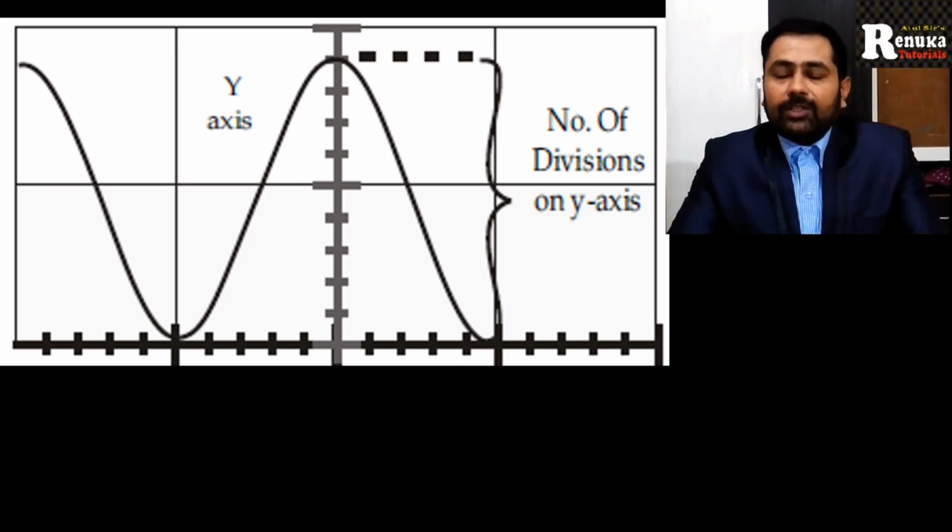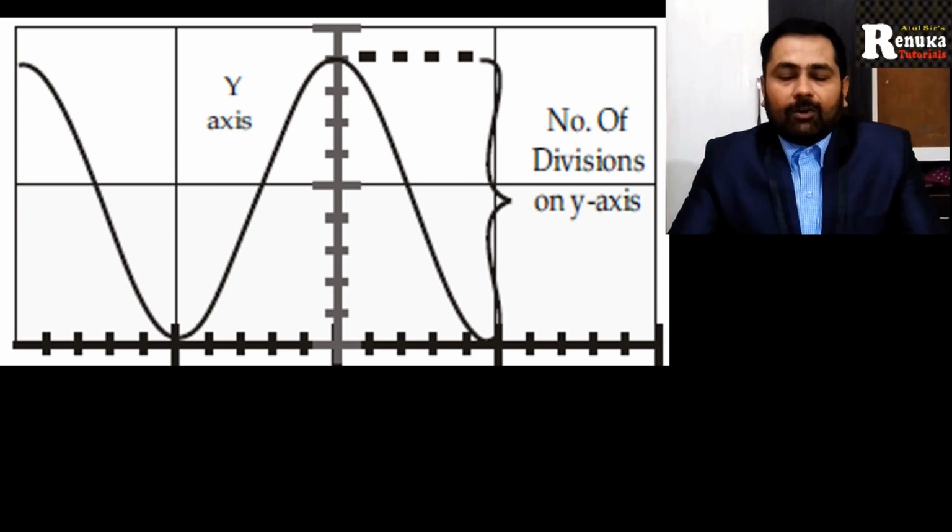In the same manner, AC voltage can be measured. From the figure you can see that if a sinusoidal wave is to be observed on the CRO screen, we have to align that wave to the x-axis. The negative peak of the sinusoidal wave is aligned with the x-axis, and the positive peak is taken on the y-axis.